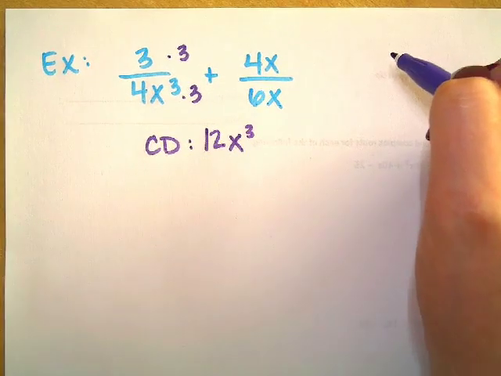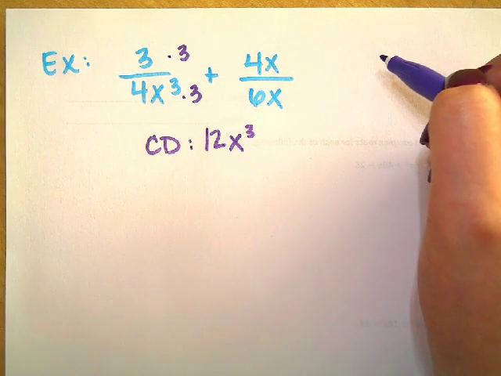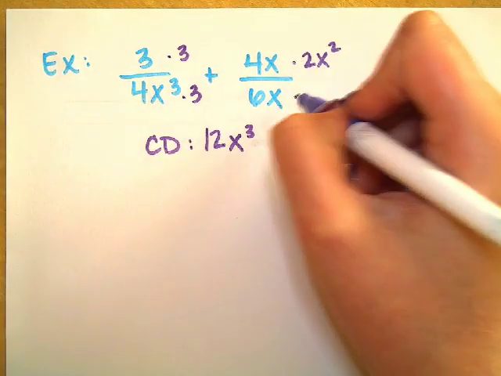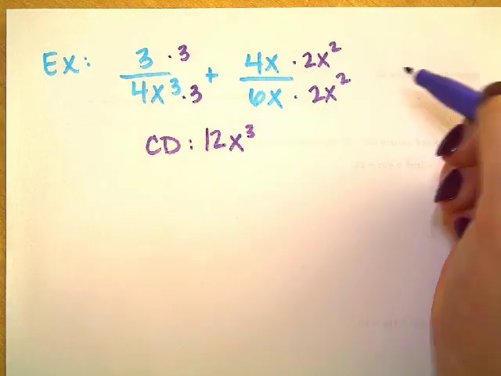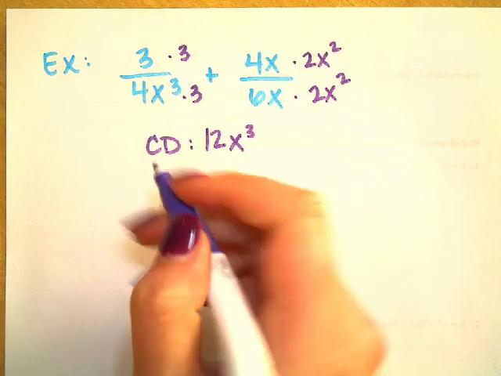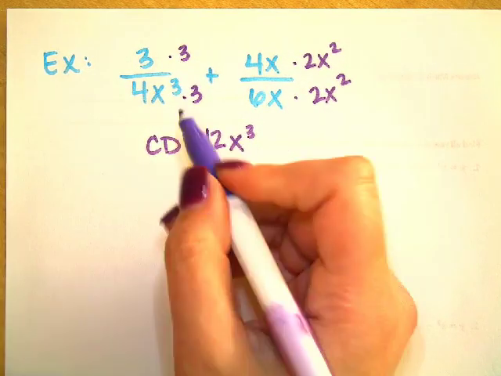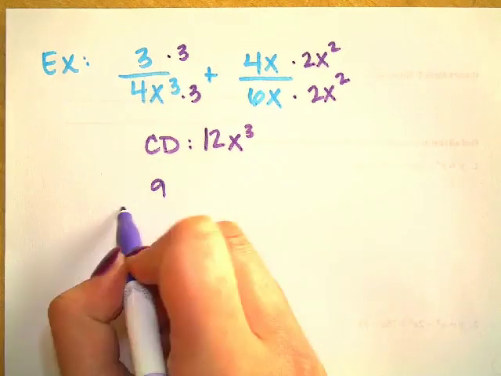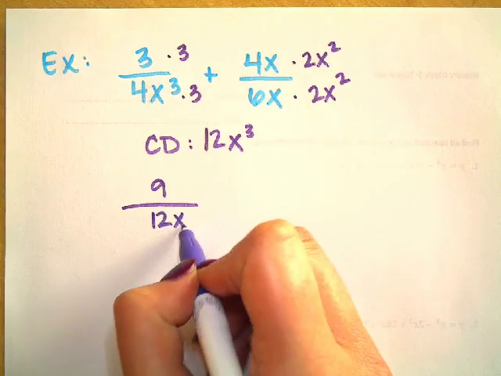The second fraction has 6x. What does it need? 2x squared, 2x squared. Okay. So the first fraction is now 9 over 12x cubed.